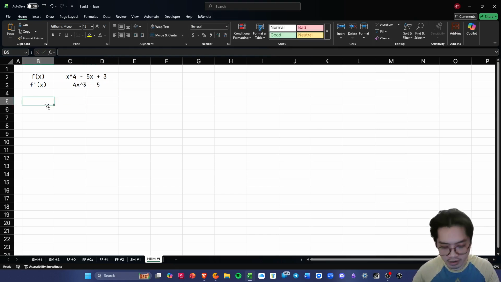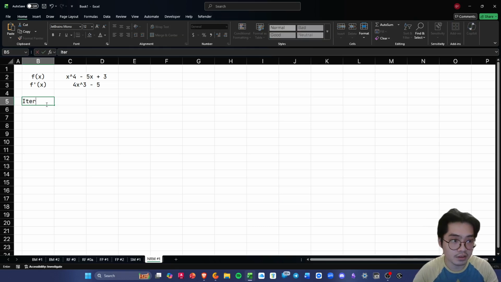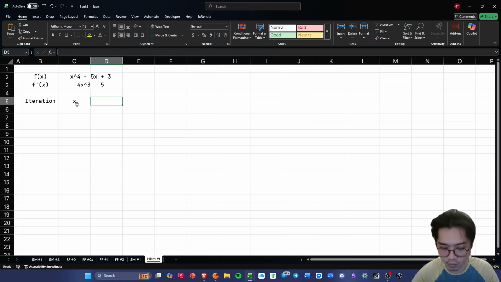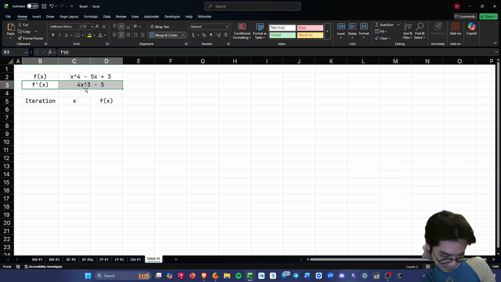The thing with this is that the Newton-Raphson method has, I think, two main weaknesses. The first main weakness is that you need to compute the derivative. I know every equation has a derivative, but you can't easily make a computer do this.